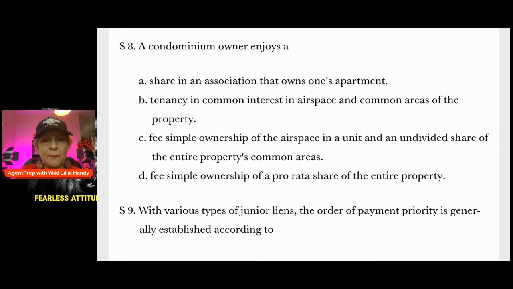All right, number 8. A condominium owner enjoys A, a share in an association that owns one's apartment. B, tenancy and common interest in airspace and common area of the property. C, fee simple ownership of the airspace in a unit and an undivided share of the entire property's common area. Or D, fee simple ownership of a pro rata share of the entire property. So a condominium owner, what do they own and get to use?